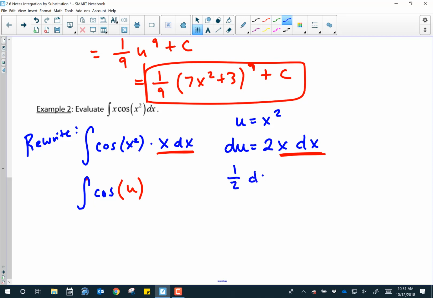So does everyone agree if I divide by 2, then x dx is equal to 1/2 du? Everybody agree with that statement? So now I'm looking for what x dx is. X dx is 1/2 du. So when I substitute, the 1/2 is okay. Now, if that was a variable, that would not be okay. But a constant multiple, totally okay. I can throw that into my problem. Does that make sense? Yes.